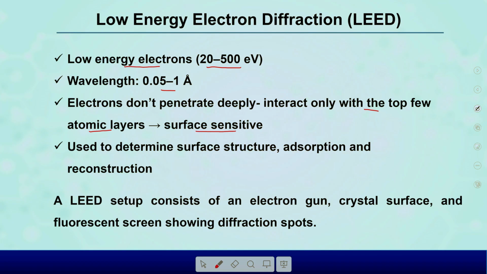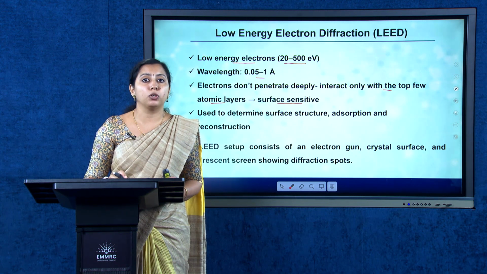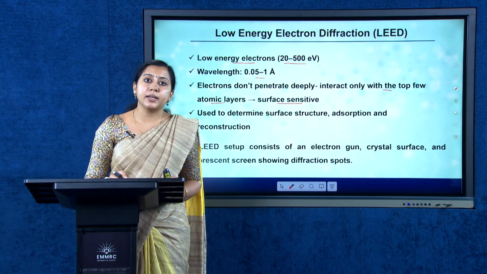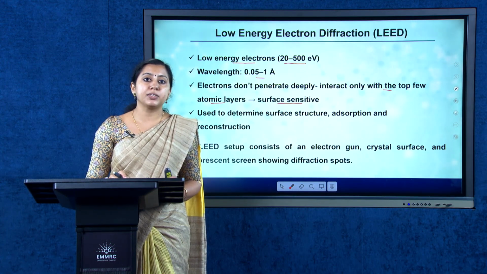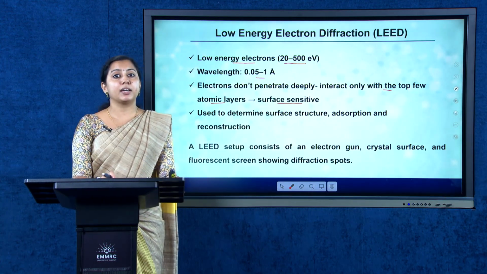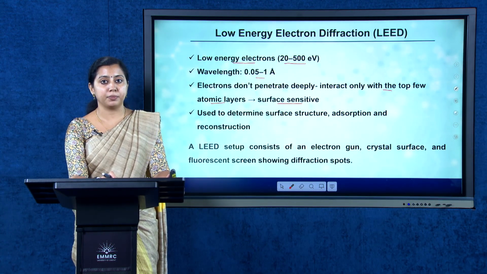Why? Because the electrons do not penetrate deeply into the crystal lattice, they interact only with the top few atomic layers. So it is generally used for studying the surface morphology or surface changes. So, we may say that it is a surface sensitive method.